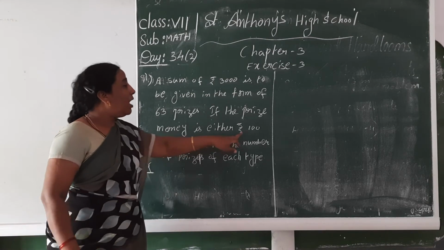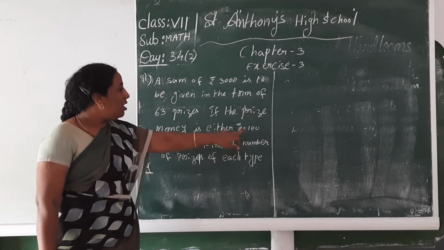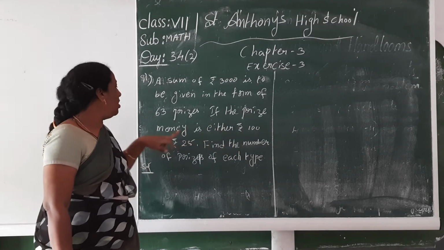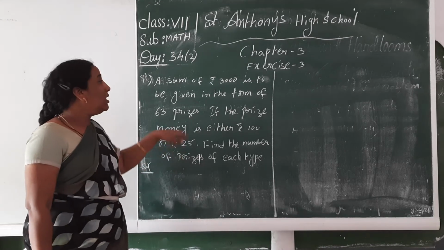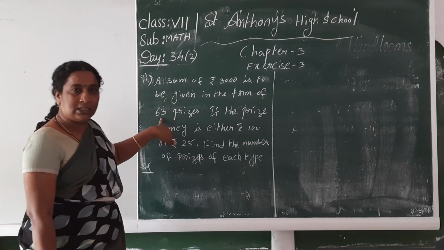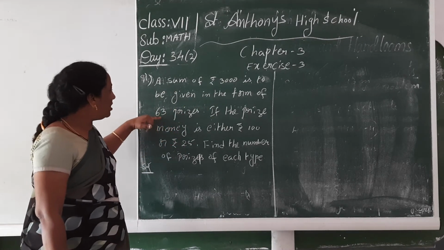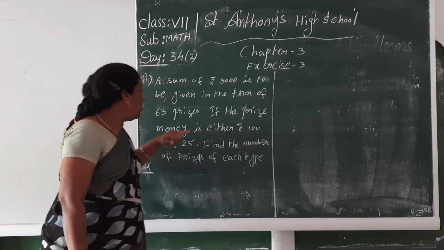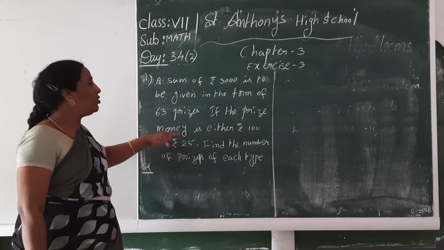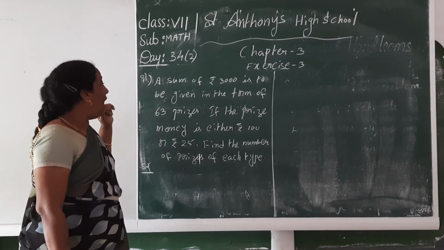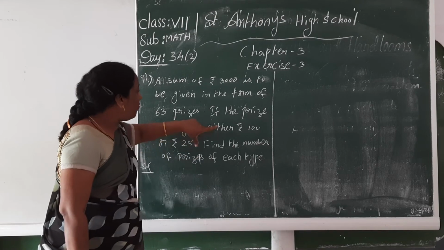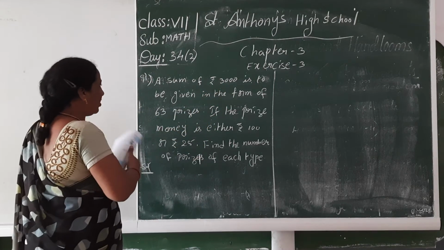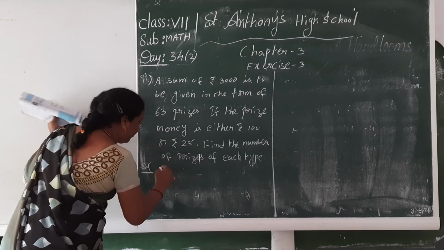Let the number of 100 rupee notes be x. Then 25 rupee notes is 63 minus x. Actually, number of prizes is 63. In that, 100 rupee notes are x. Total money is 3000 rupees. Okay, now first of all write the solution.